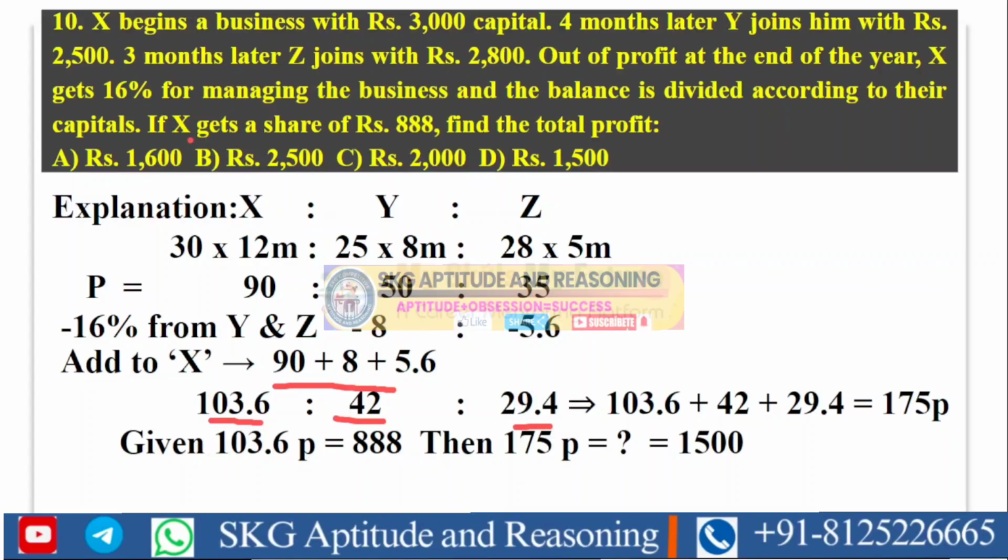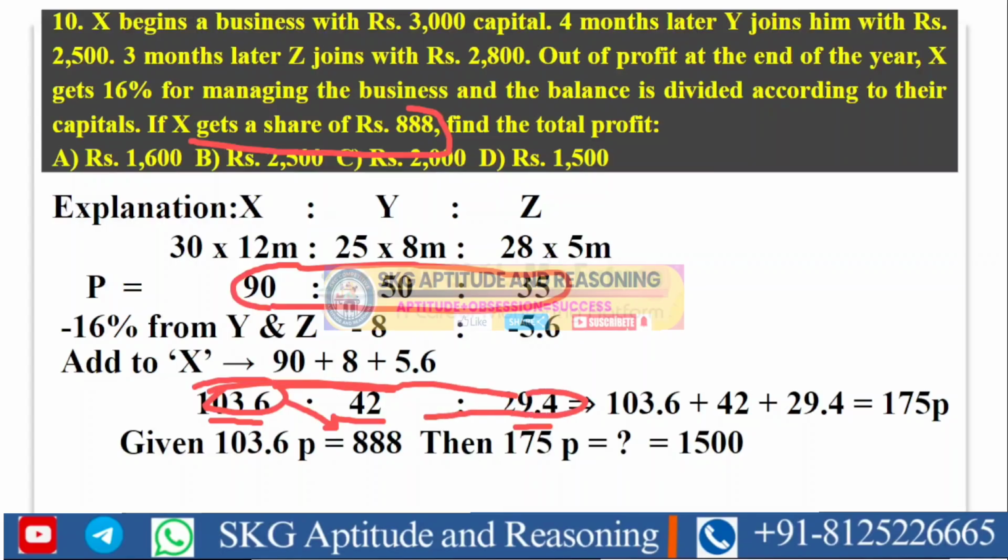In the question, X gets a share of rupees 888, which means these 103.6 parts equal 888. We need to find the total parts. The number of profit parts is the same, which means no external amount is added to the business.